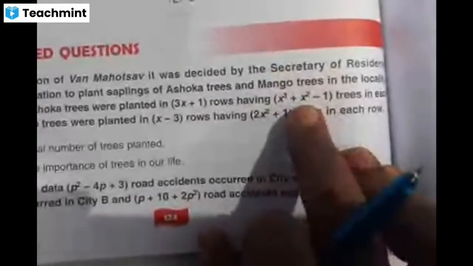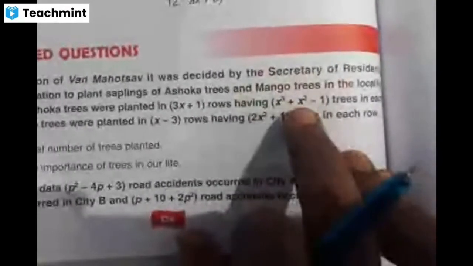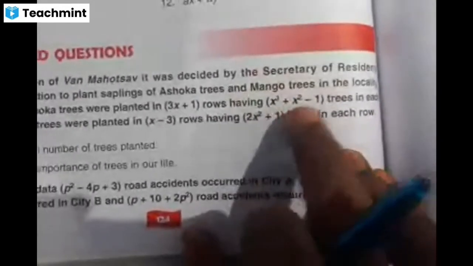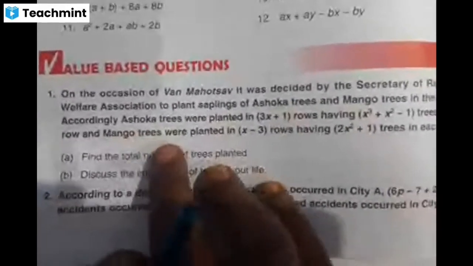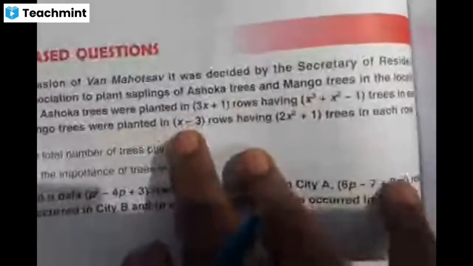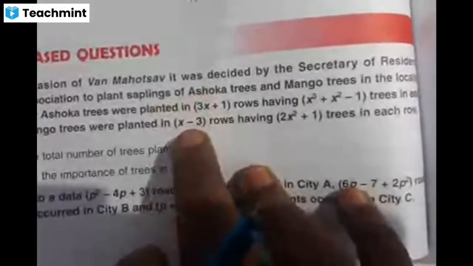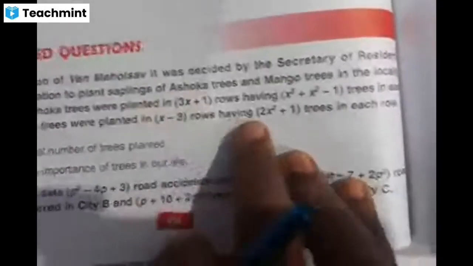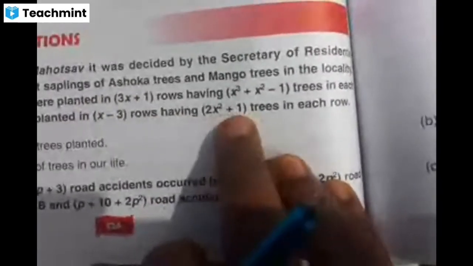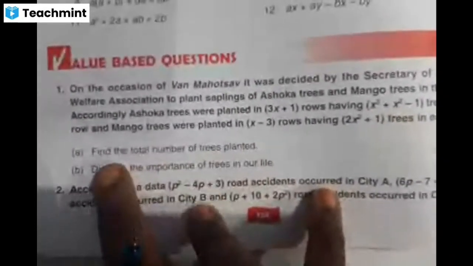We don't know the number; it is given as an algebraic expression: x cube plus x square minus 1 trees in each row. And mango trees were planted in x minus 3 rows, having 2x square plus 1 trees in each row. Now we have to find the total number of trees planted.